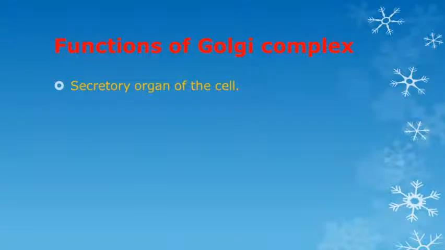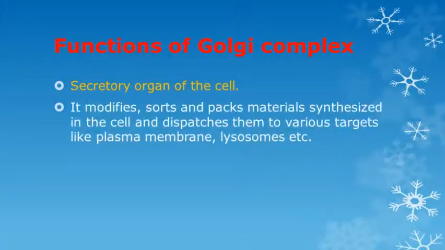Let's learn about the functions of the Golgi complex. First, the Golgi complex is the secretory organ of the cell. That means through the secretory vesicles the proteins are modified, packed and then secreted to the designated cell organelles.